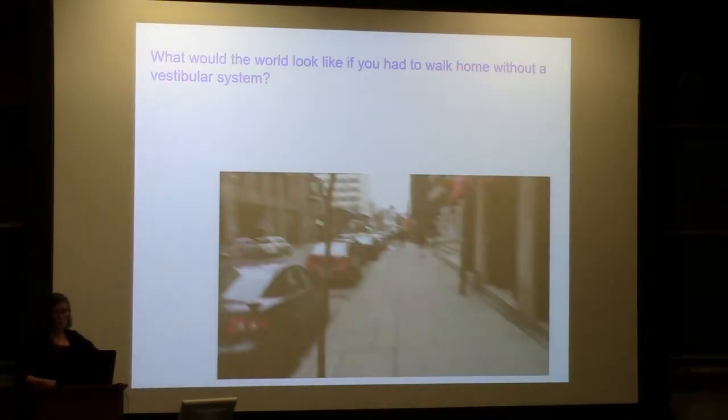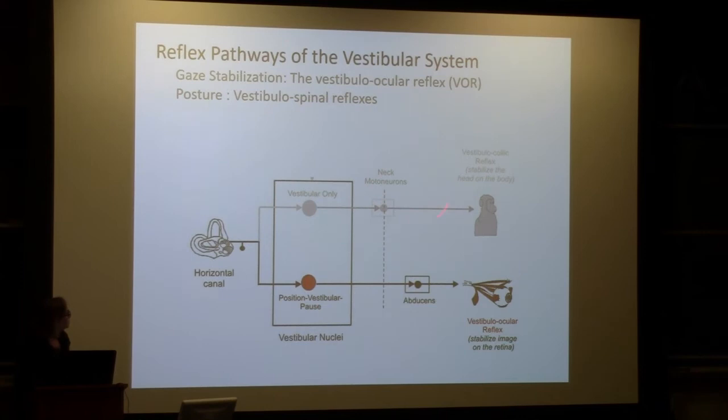Okay. So these are what I just sketched out, and here are some real names put on the different nuclei. This is all the vestibular nucleus. There are 2 subgroups of neurons devoted to different types of processing. I'll start with the VOR pathways.